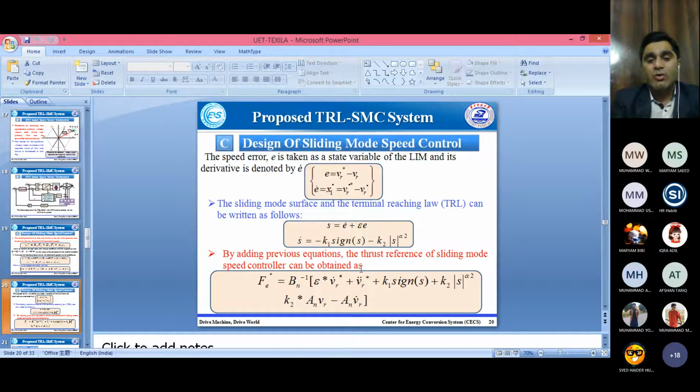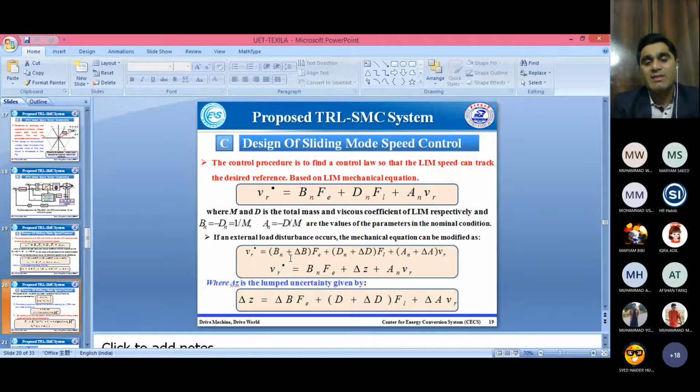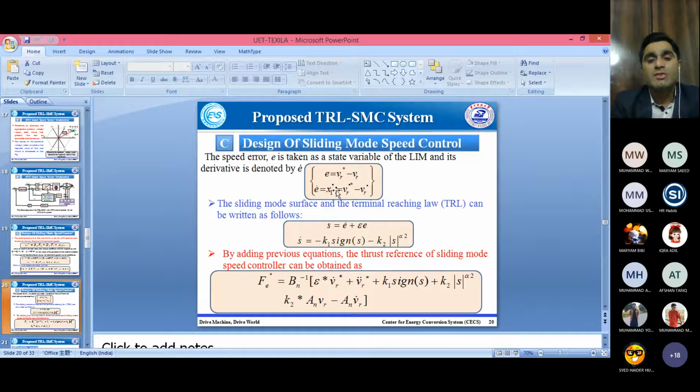By adding the previous equations, the thrust reference of the slide mode speed control can be obtained. Here we have an error equation, a slide mode reaching law and a slide mode surface. When we use this error and all the computed equations in this form, you can get the thrust reference using slide mode control.